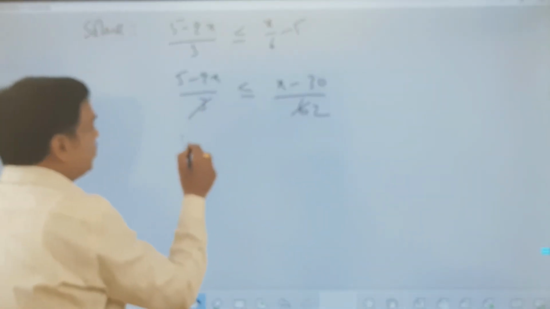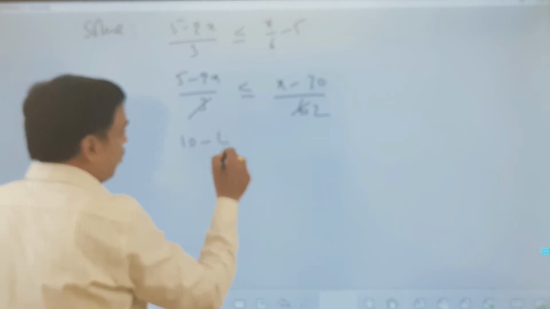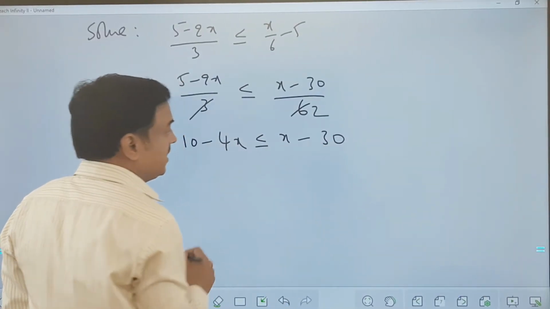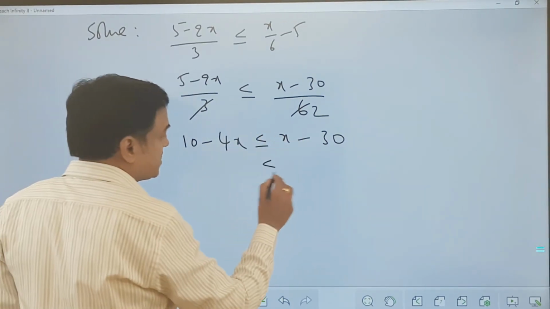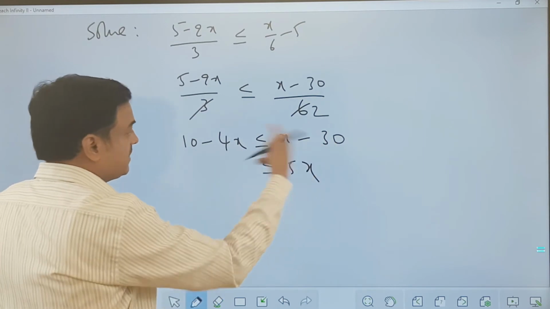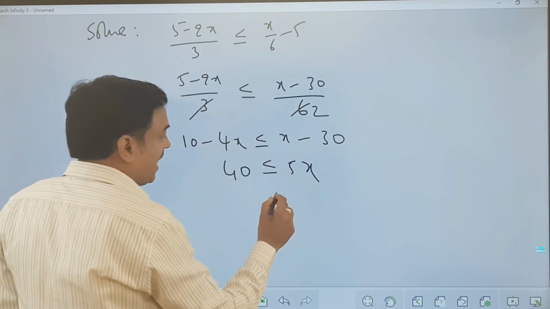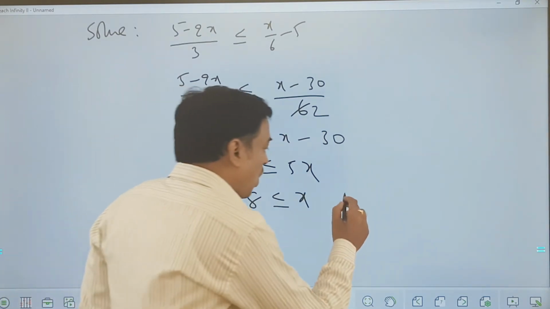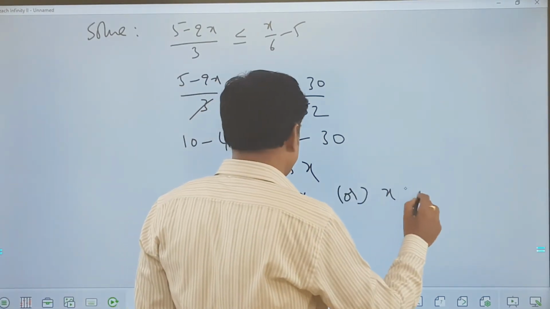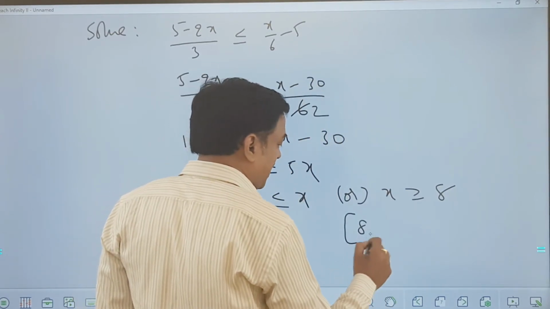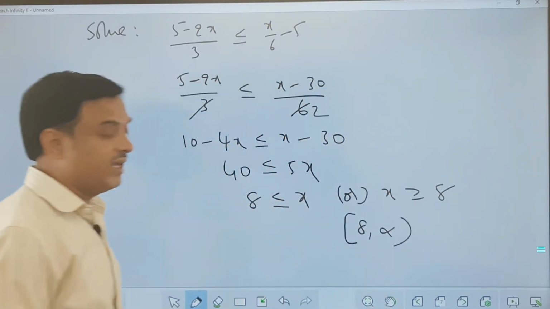Cross multiply 2, 10 minus 4x less than or equal to x minus 30. Now sending this 4x to the other side will be 5x in total, x plus 4x is 5x, 30 to the other side makes it 40, and 8 will be less than or equal to x, or you can also say x is greater than or equal to 8. So my answer to this is 8 to infinity inclusive, the final answer in this case.